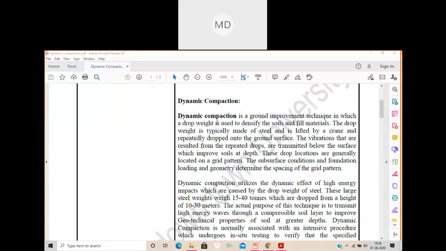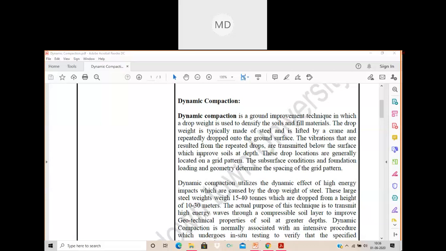So dynamic compaction is the process where a heavy load is dropped onto the ground surface. And I have already told you, when we drop such a heavy load on the ground surface, vibrations are created, or energy waves we can say. These energy waves reach deeper inside the ground, and the soil gets compacted.